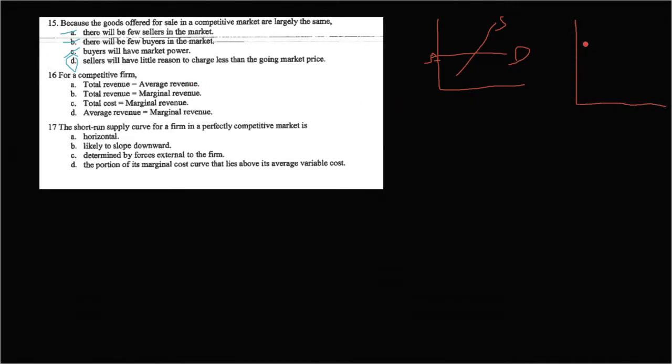Now, yes, it's not going to be perfectly inelastic or perfectly elastic, but in a perfectly competitive market, we're going to assume that this is the case. And so they wouldn't want to sell below the market price.